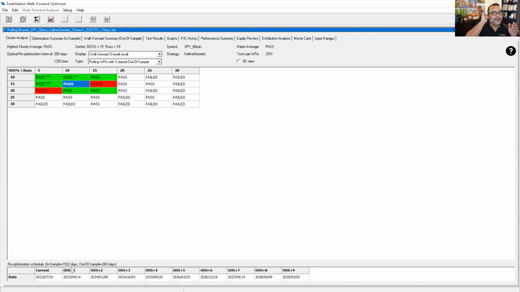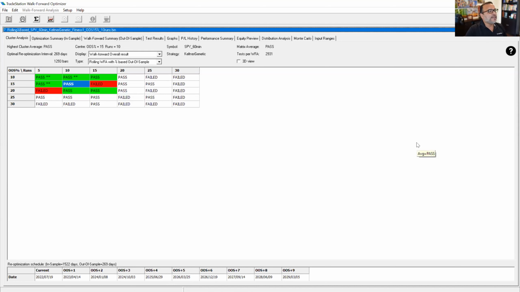Based on the percentages of out-of-sample data, this means that you already have enough data to allocate that percentage, which is interesting. And then you have the schedule going forward, up till the year 2029. It just provides you the dates of when the strategy should be re-optimized.